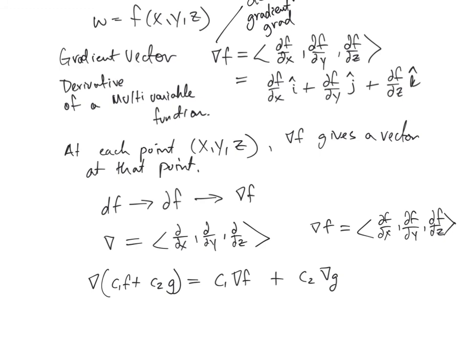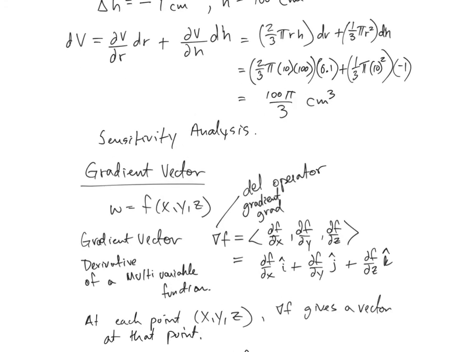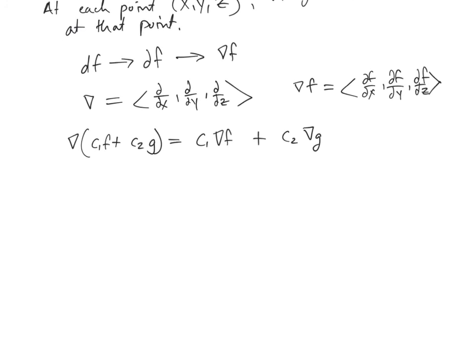And in terms of approximating the change of some multivariable function using the total differential, well, now we can have more compact notation by using the gradient vector, right? If we've got a function of x and y, and we're going from one point, x0, y0, to another point, x, y, and we want to see how much our function changes, approximating that with the total differential.